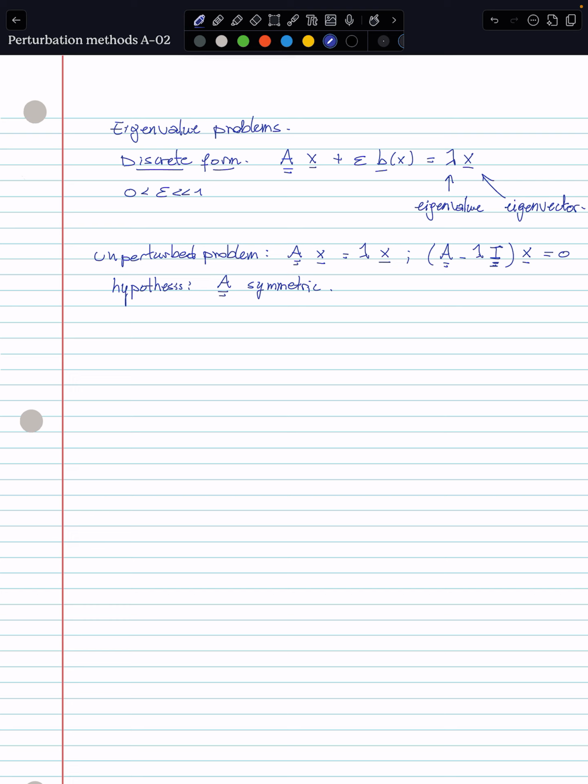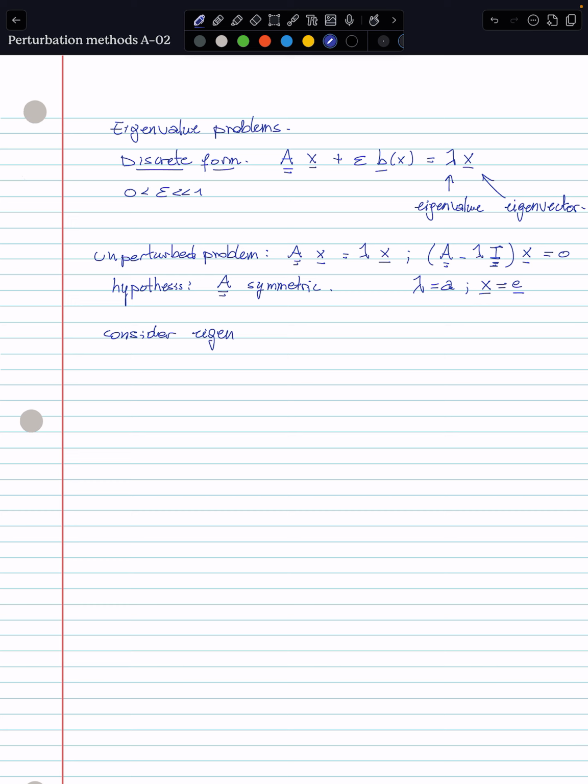Let's assume we are able to solve the unperturbed problem, in which case lambda is equal to a certain value A, and x, the eigenvector, is equal to E, an eigenvector. If there are many eigenvalues and many eigenvectors, what we should do now is to consider them one at a time.